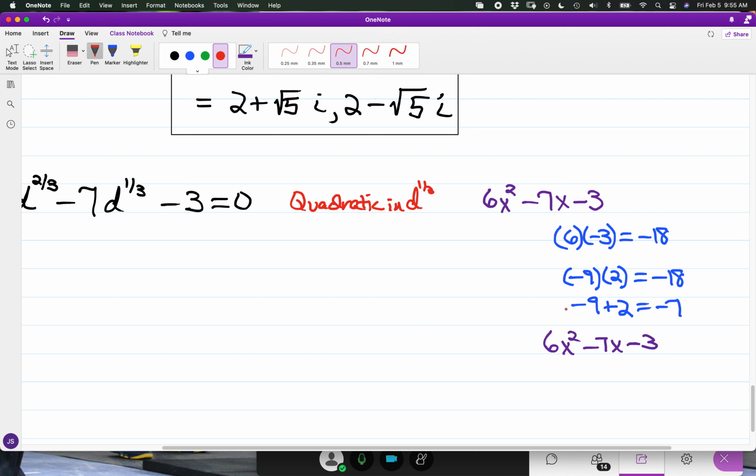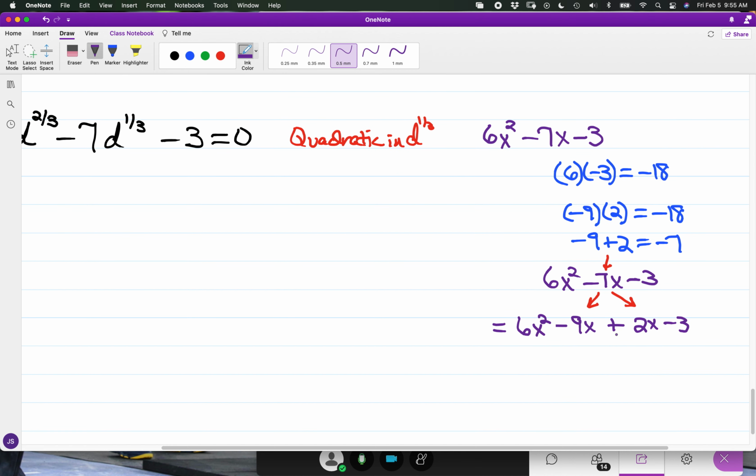If I take the coefficients and split up the middle term, we have 6x squared minus 9x plus 2x minus 3, and the middle operation is addition. So once I cross over to factoring by grouping, again the middle operation is going to be addition.